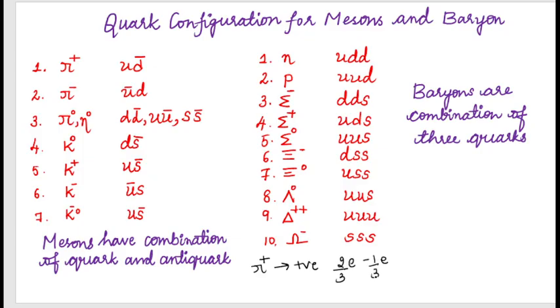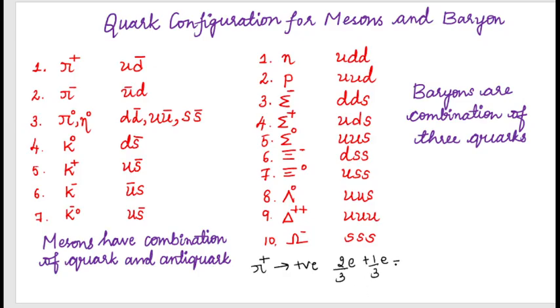So do the normal subtraction: 2 minus, 1, it will be 1. And here one more thing, it is D bar, it is an anti-quark. For down quark it is minus 1 by 3, for anti-down quark it is plus 1 by 3. That we need to keep in mind.